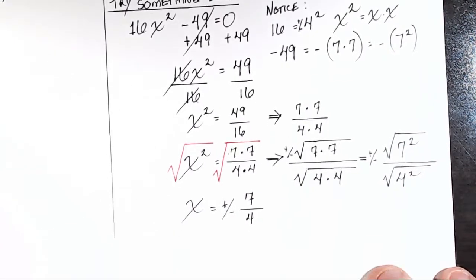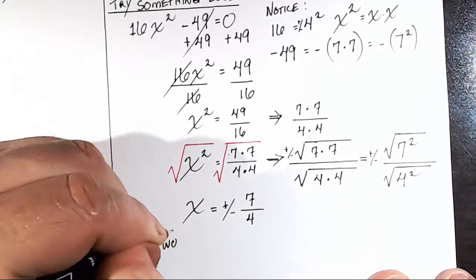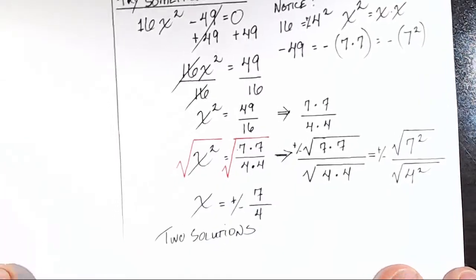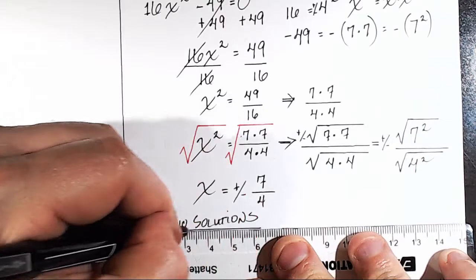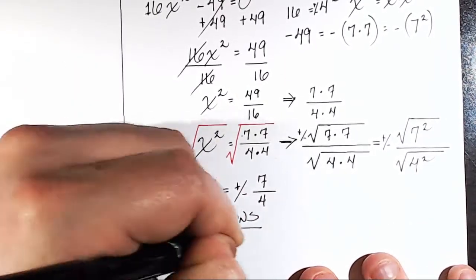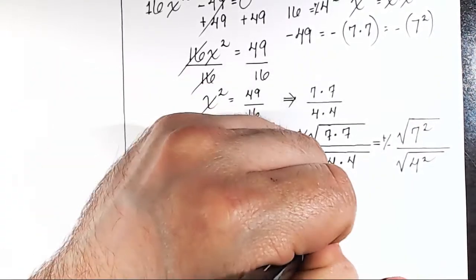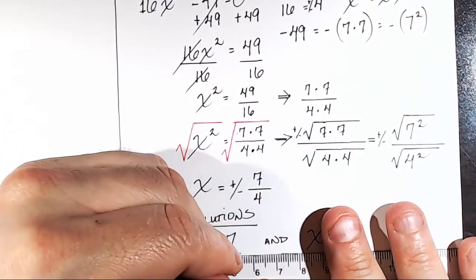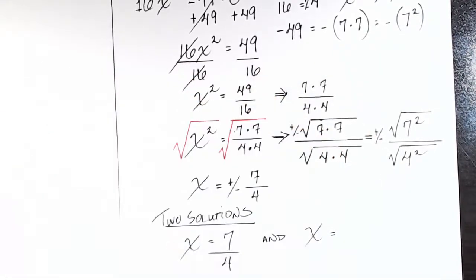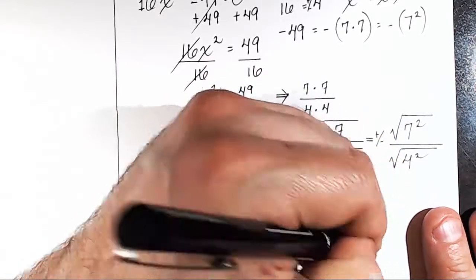All right, so here's what I'm left with. I have 2 solutions. You're always going to get 2 solutions. I have x equals 7 over 4, pardon me on that, and x equals negative 7 over 4.